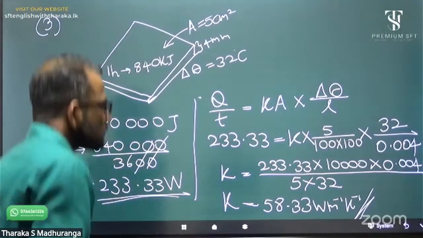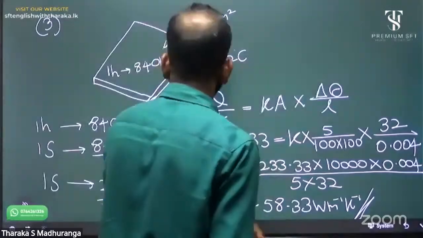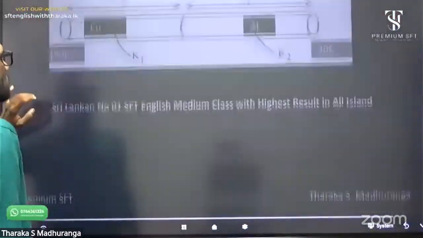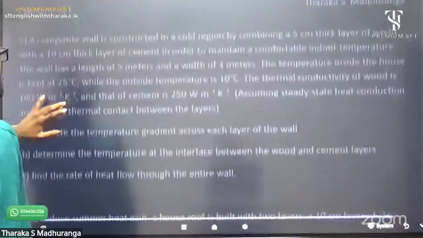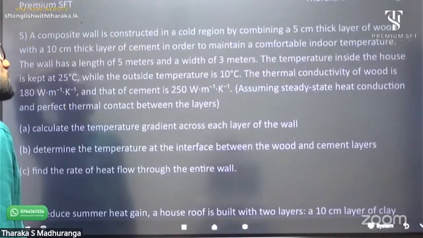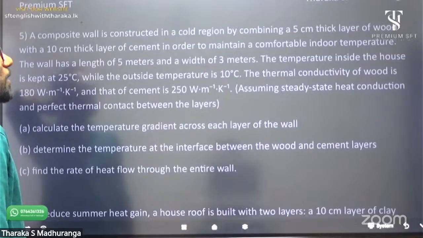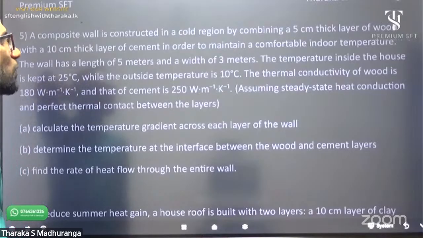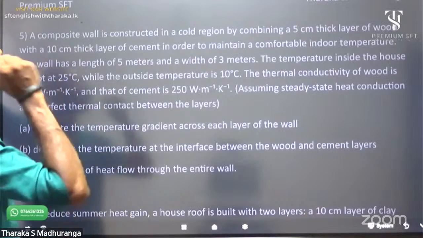Okay, let's move on to question number 5. The fourth one we already discussed last class. The composite wall is constructed in a cold region by combining a 5 centimeter thick layer of wood with a 10 centimeter thick layer of cement in order to maintain a comfortable indoor temperature.